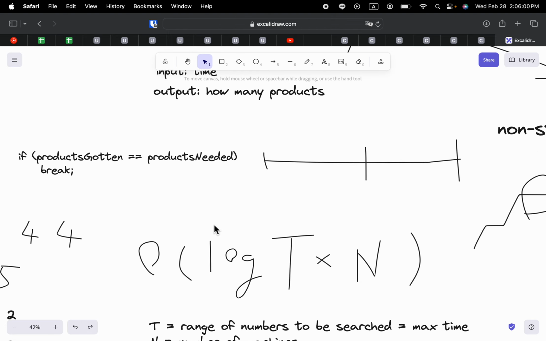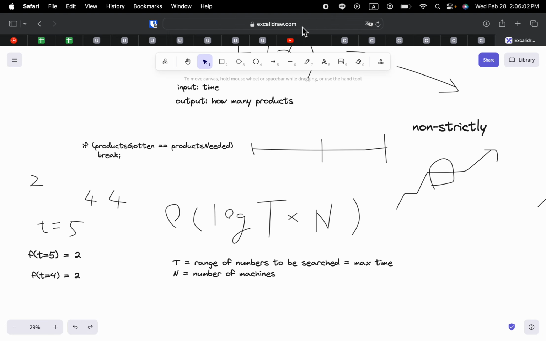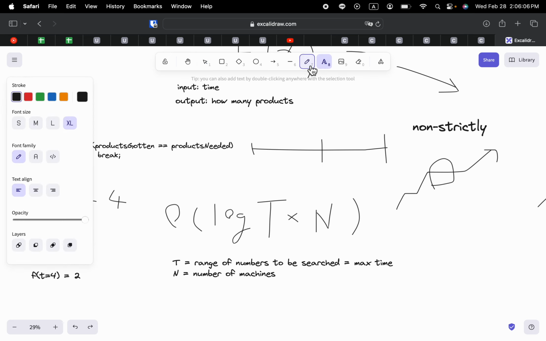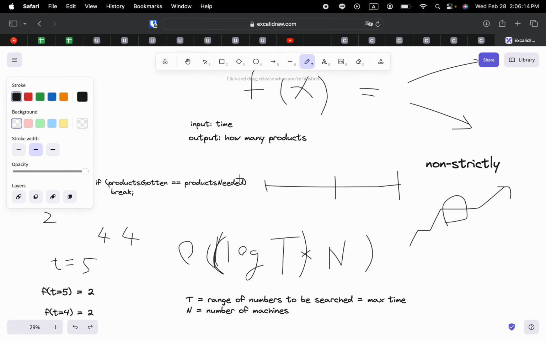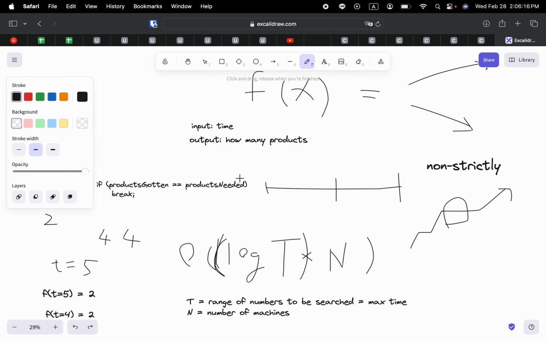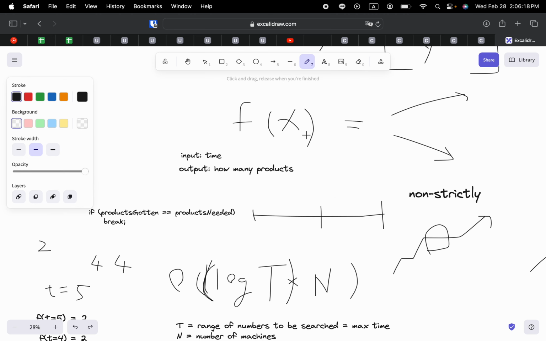You need parentheses for this. So this is the time you need to do the binary search, right? And then for each binary search, you need to find this f of x to tell whether you want to move the right side or the left side, right?